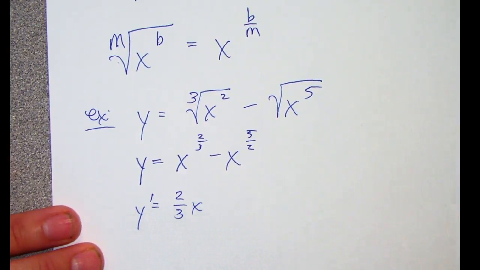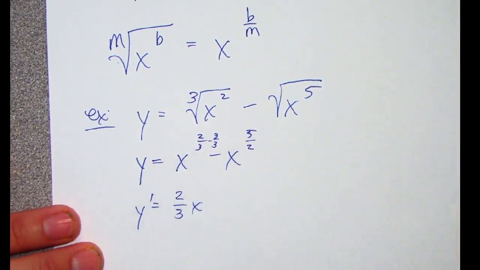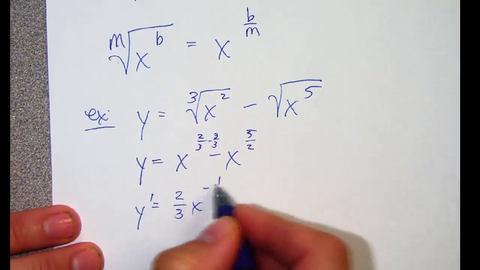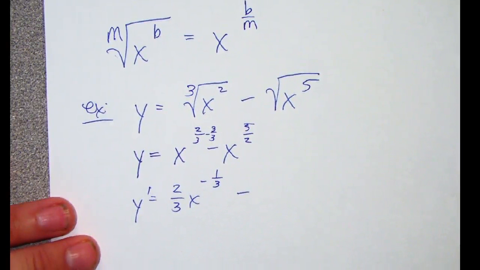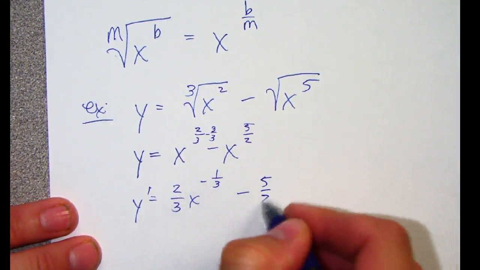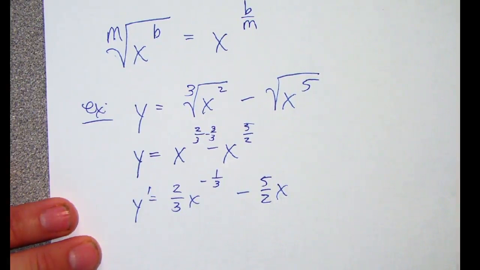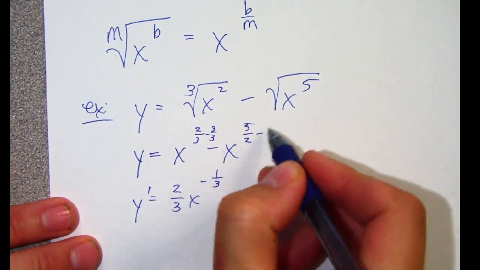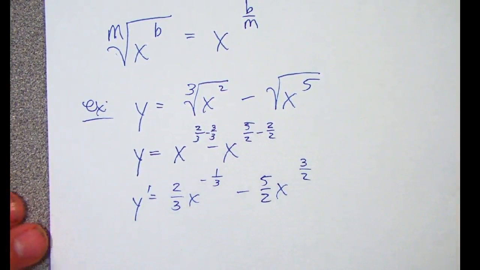So that's 2/3 minus 1, so it's like 2/3 minus 3/3, which is a negative 1/3. Minus, so bring down the 5 halves, multiply by the 1 in front, so it's still 5 halves. Reduce the power by 1, so 1 is really like 2 halves. So the power would be 3/2.